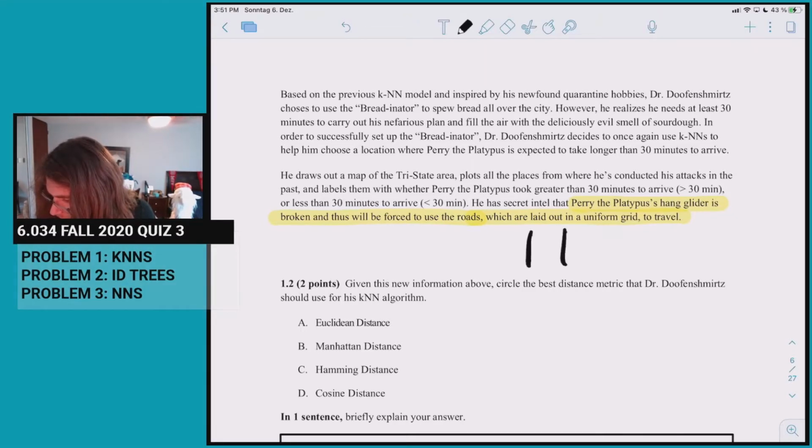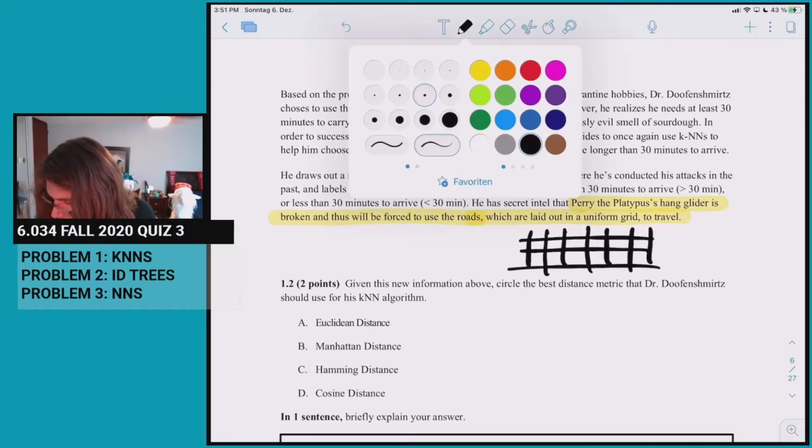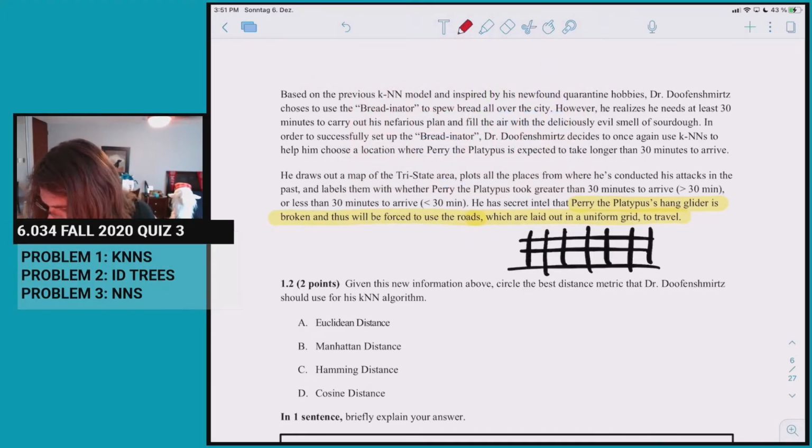If we imagine a series of city blocks, what this text is saying is Perry the Platypus, the antagonist in this case, can't travel like so. He would have to travel that way, using only blocks. And I think that is precisely the setup for Manhattan distance over Euclidean distance.